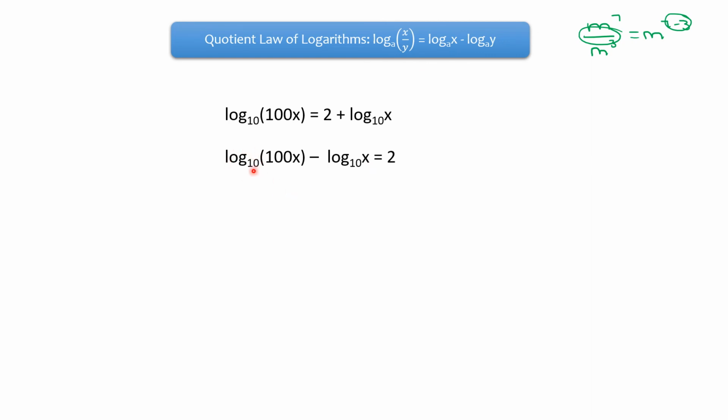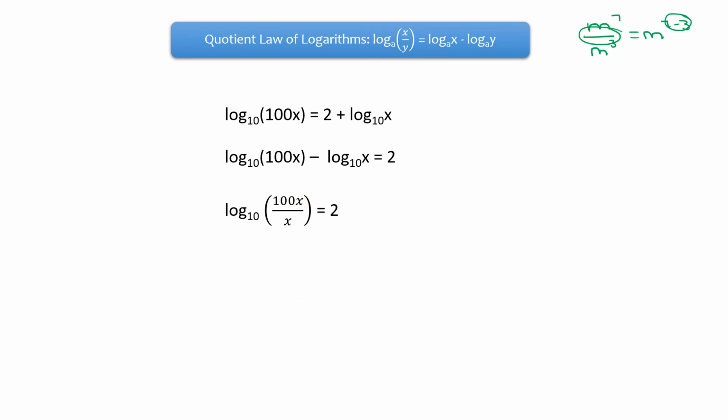You're not, but at this point it's maybe easy enough for you to think of it like that. So these two both have a common log base 10, so I can rewrite them like this. That is going to look like 100x over x. So the log base 10 is just written once, and then I take my inputs, my 100x and my x, and I put them over each other.